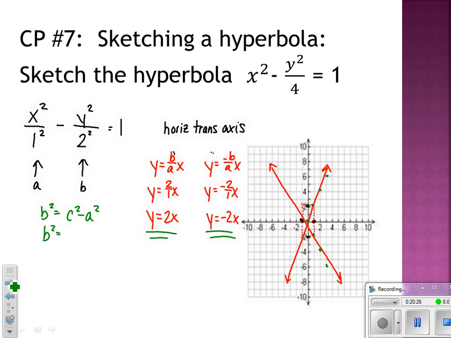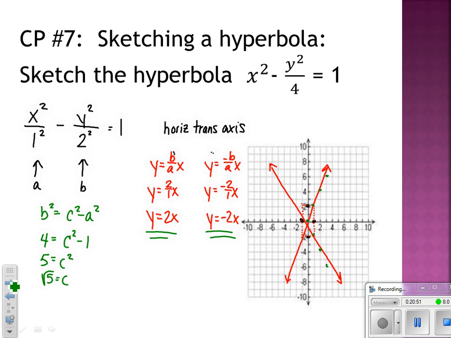So B squared is going to be 4. C squared we don't have. A squared is 1. Add 1 to both sides. So the square root of 5 is C.